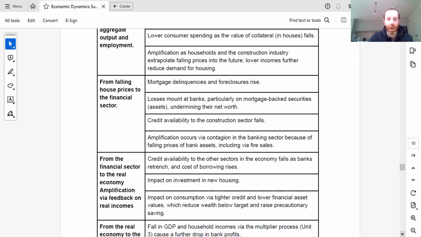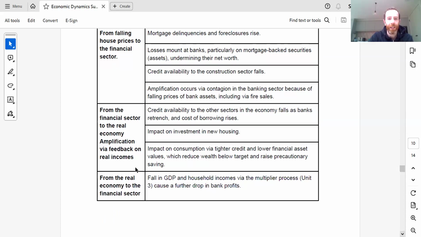So let's go on to the next bit: from the financial sector to the real economy. If banks start to get into weaker positions and start to lend less money, not just to the construction sector but across the economy, this is obviously very bad, right? It becomes more expensive to borrow money.